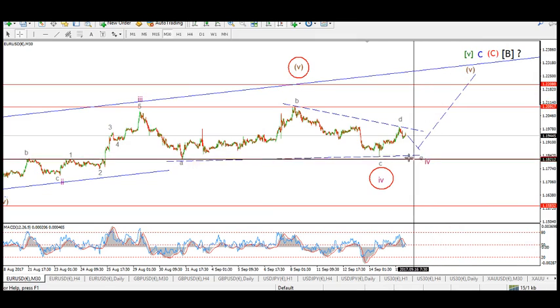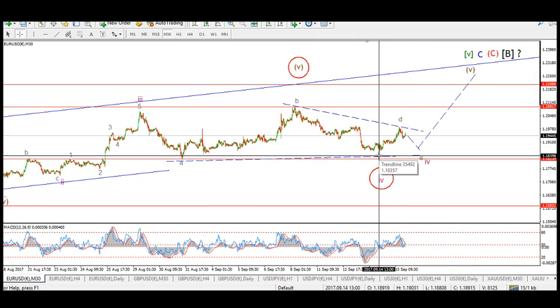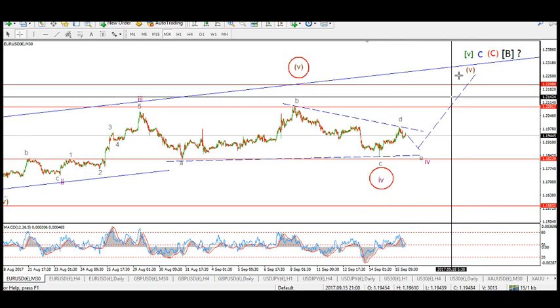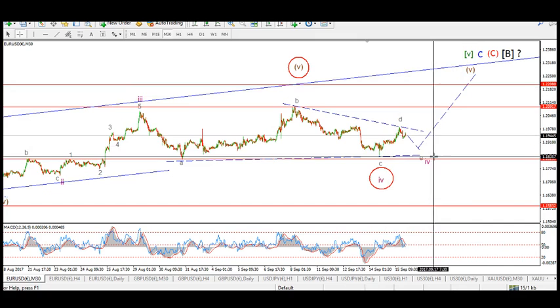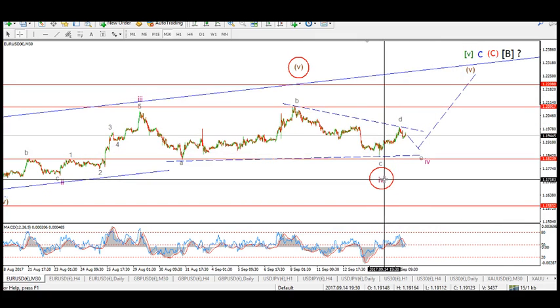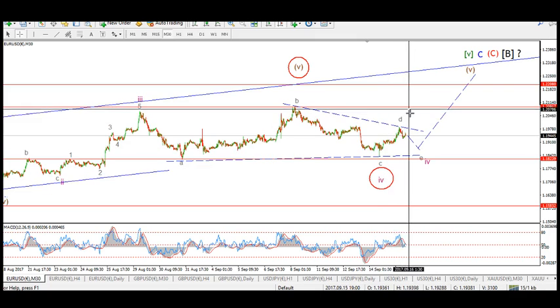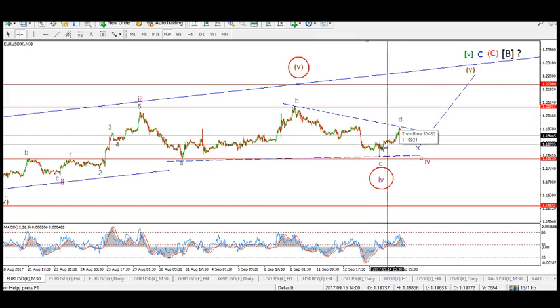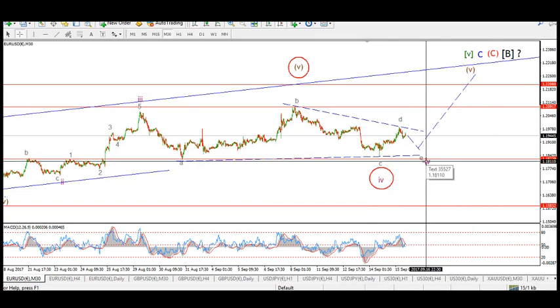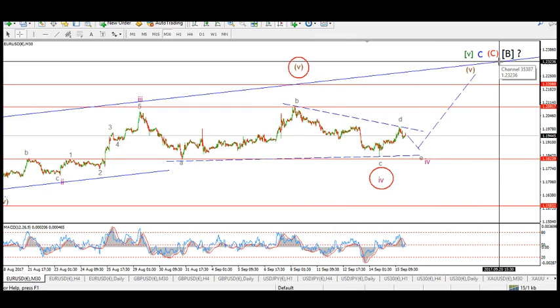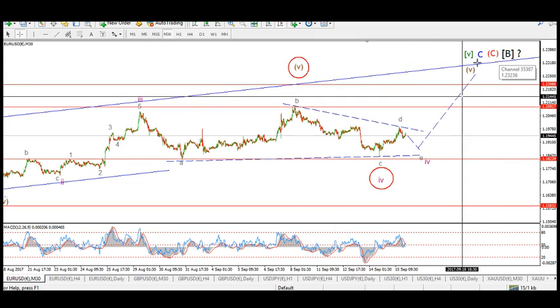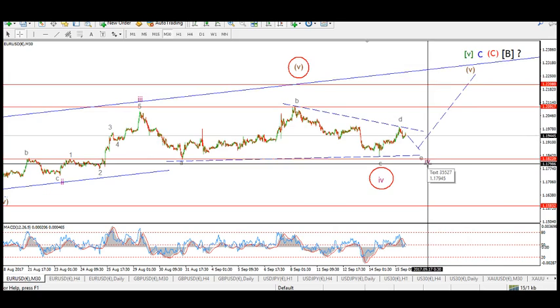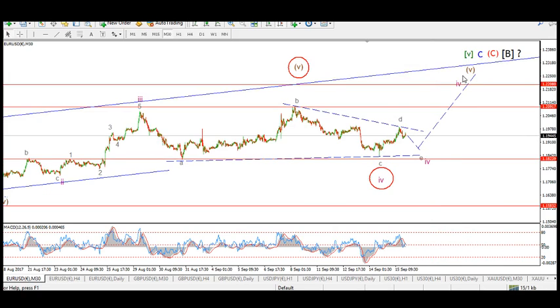So what we really need to look for is a turn above 118.37 here into a rally. The only other alternate that I'm looking at right now is that it's possible the rally in wave 5 pink, I should have that there, which I don't have. Let me copy that up here.